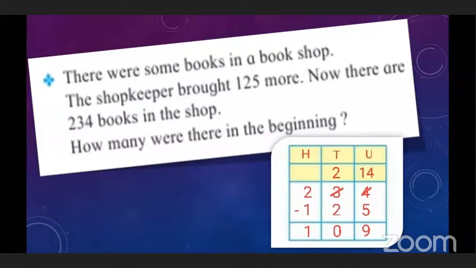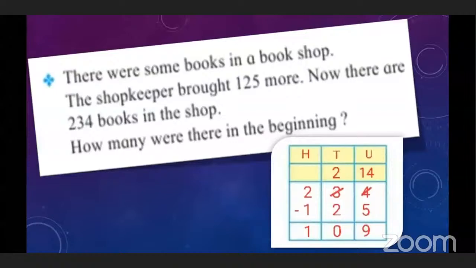They gave us the information that the shopkeeper brought 125 books more, and now there are 234 books in the shop, and we have to solve this problem to get the answer of how many were there in the beginning.